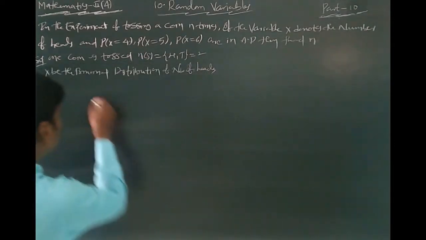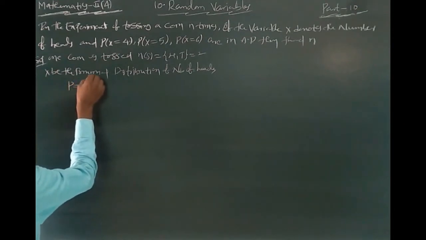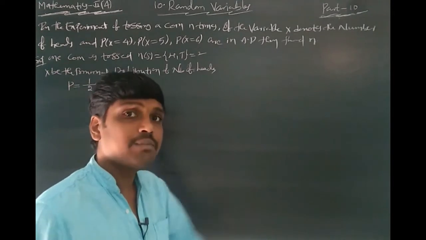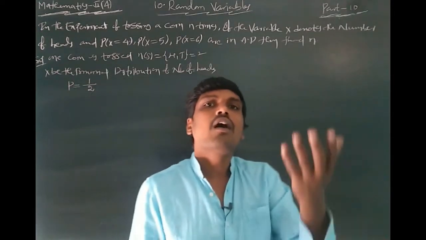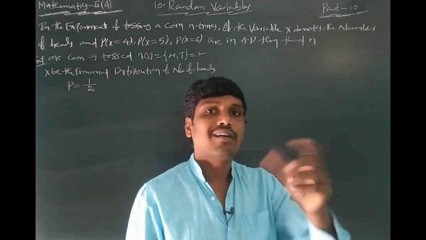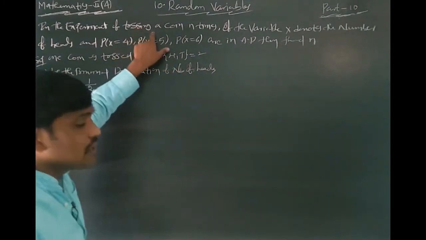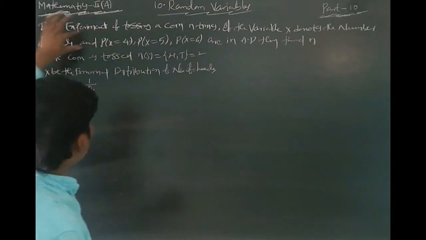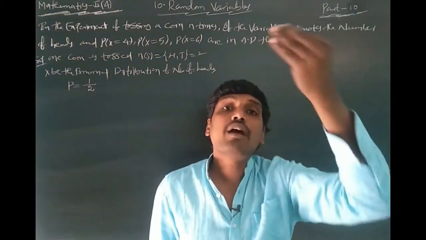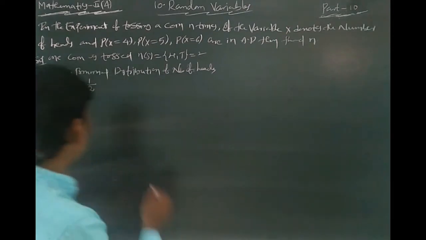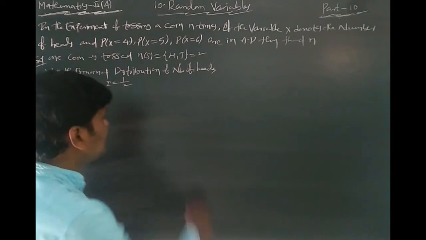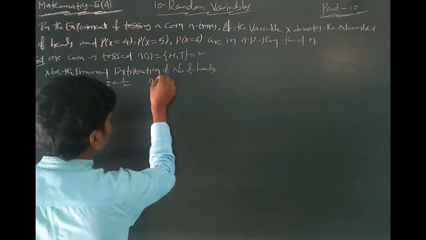Only one condition, that's why the success probability is 1 head out of a total of 2 outcomes. Similarly, the failure is not getting a head, that is, a tail. Number of heads is denoted with the success probability. How many tails are possible here? Q is also 1 by 2. How many times is this experiment done? n times.